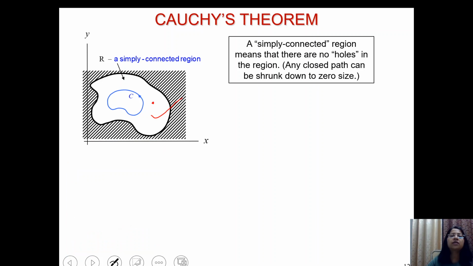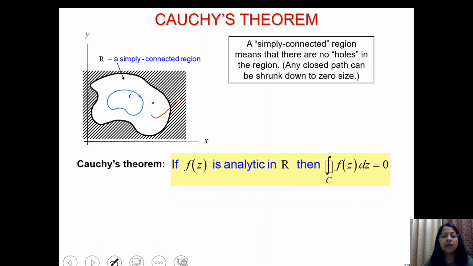That is known as a simply connected region, where no branch of the curve is intersecting or overlapping another. So the statement of Cauchy's theorem is: if a function f z is analytic in a region R, then the closed integral over c of f z dz is 0.